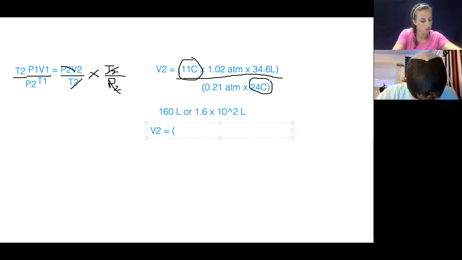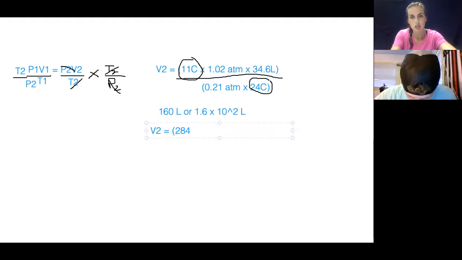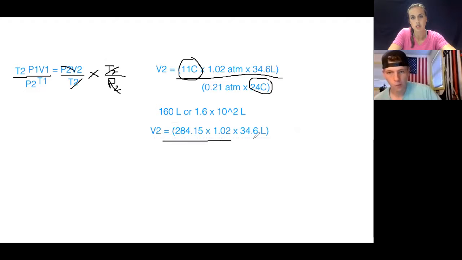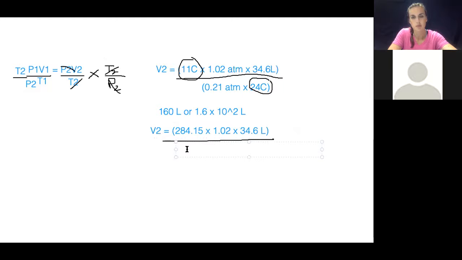So for our first temperature, we will get 284.15. And then for our second one, 297.15.